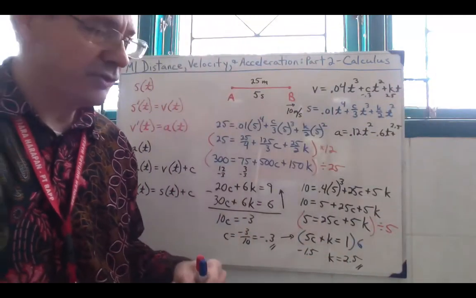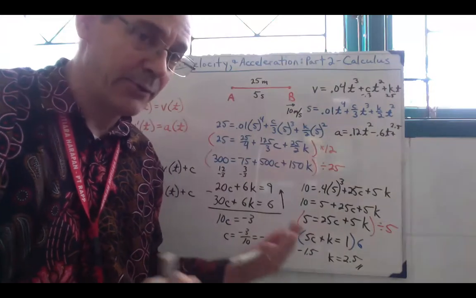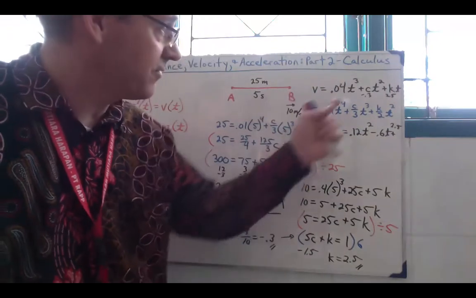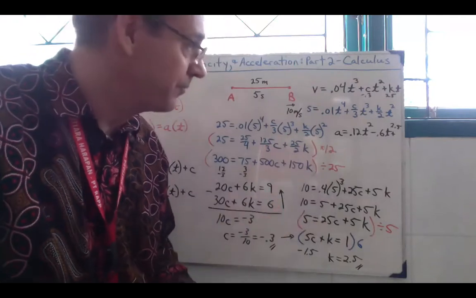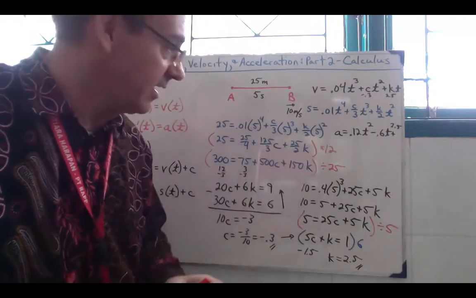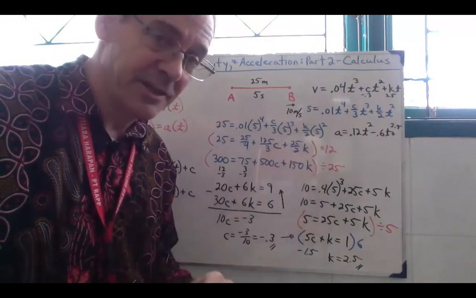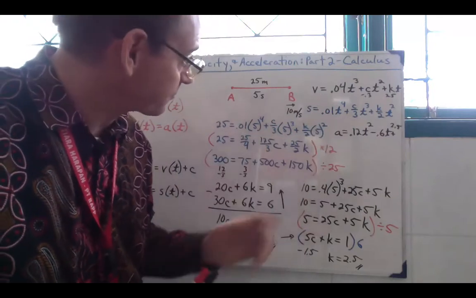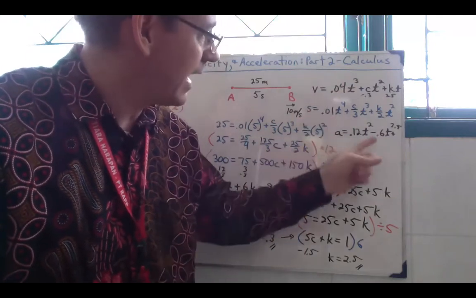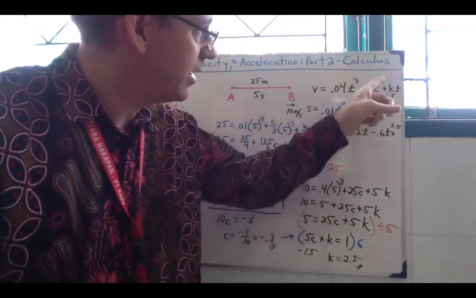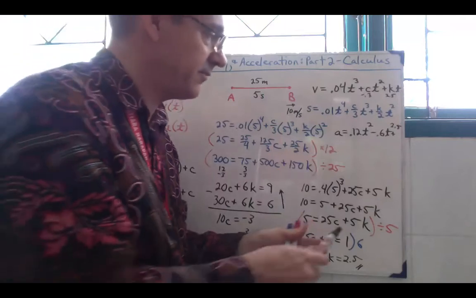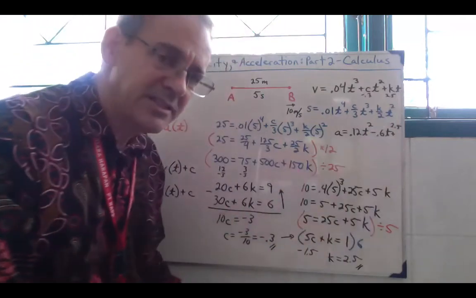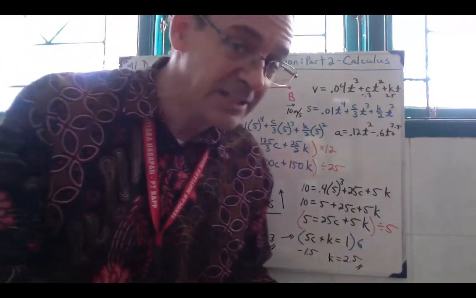By deriving the velocity function and plugging in our values for c and k, you can't do part I without getting this correct. If these numbers are not correct, then you won't be able to show it. So it is a good double check. If you get the right answer, then you know you did the first part right. So we just derived it: multiply, subtract 1, multiply, subtract 1, multiply, subtract 1. The t goes away for this last one. Now it says minimum or maximum.